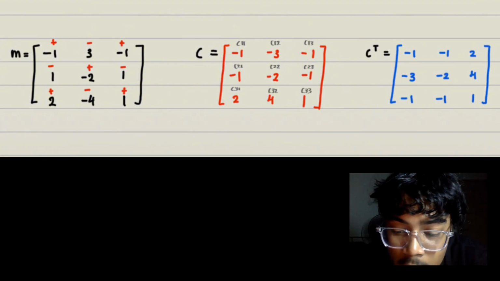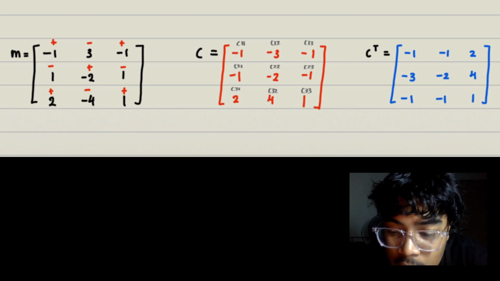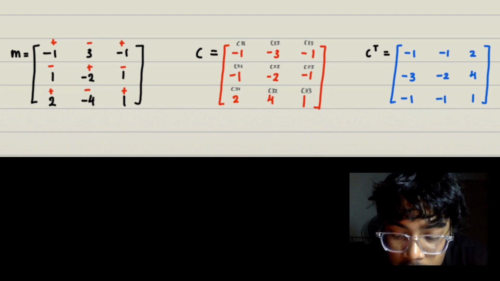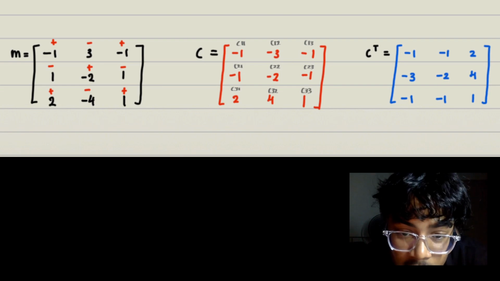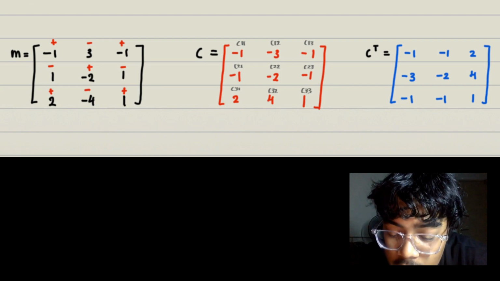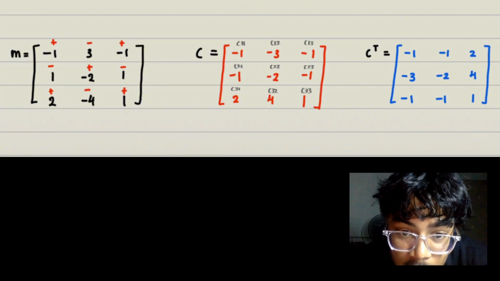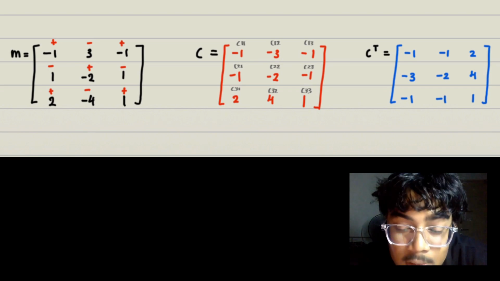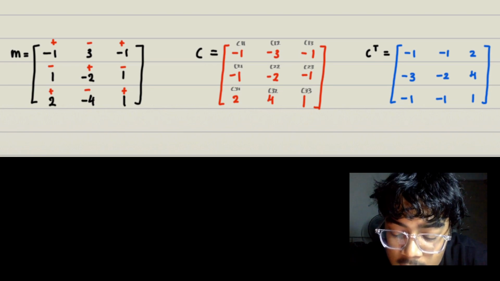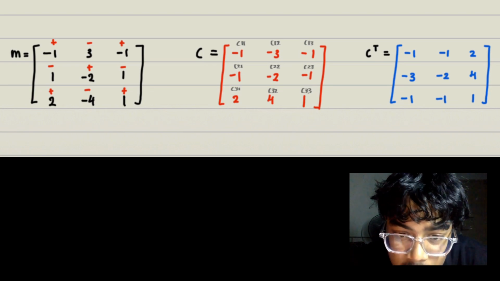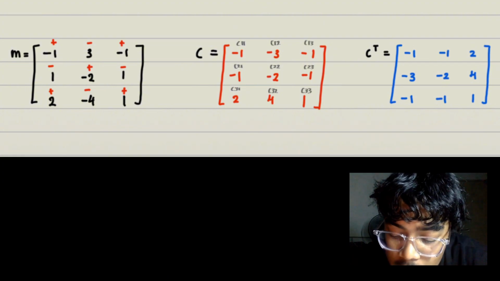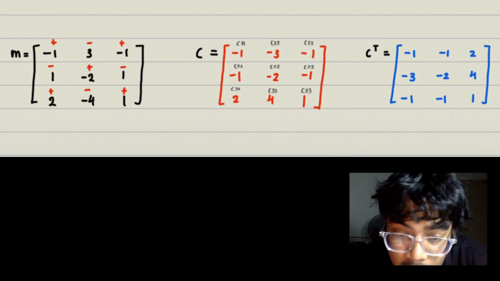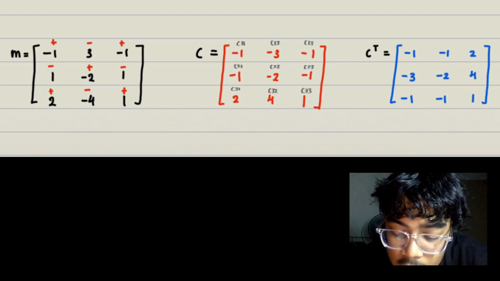Next, step 4, we will have to transpose the cofactor matrix, which gives the adjugate matrix. So the formula will be adjugate C, or C to the power T, equals C11, C12 and C13, C21, C22 and C23, then C31, C32 and C33, which then equals negative 1, negative 1 and 2 for the first row.